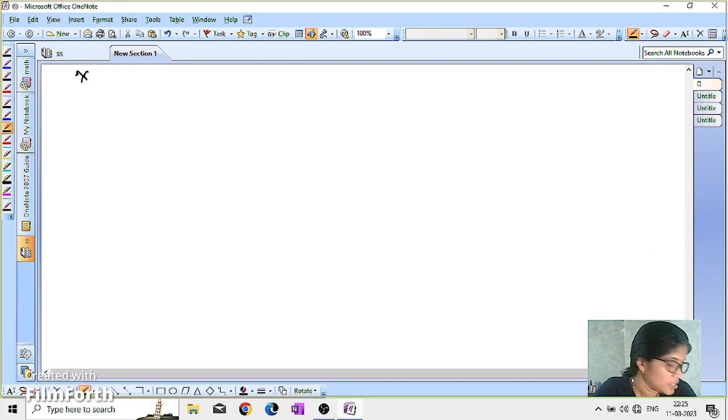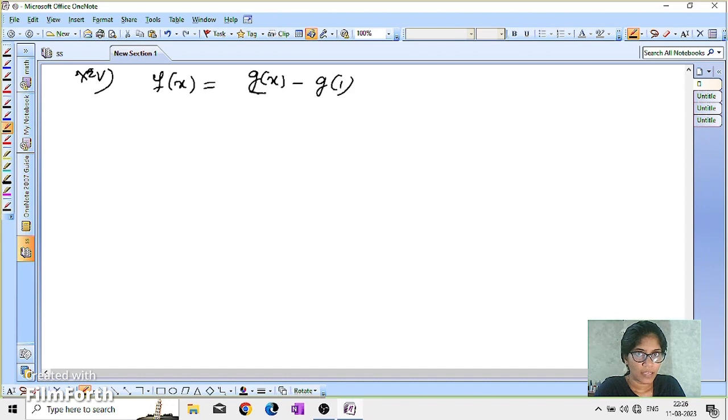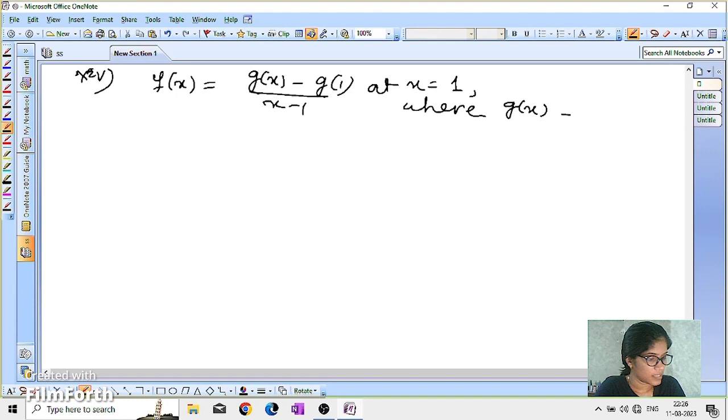Next question is the fourteenth. f of x is equal to modulus of g of x minus g of 1 divided by x minus 1 at x equal to 1, where g of x is equal to x.